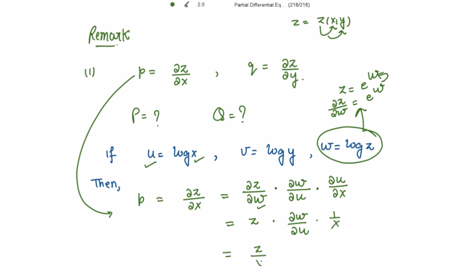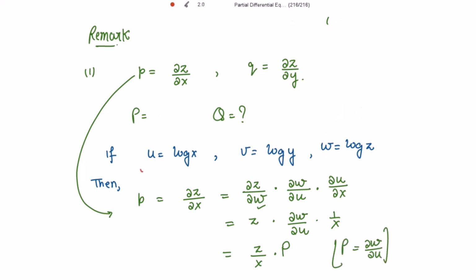So let me take z by x together and this to be taken as capital P. So I am taking the partial derivative of w with respect to u to be the capital P. So when we consider u, v and w as log x, log y, log z respectively, from small p we are introducing this capital P to be the partial derivative of w with respect to u. Similarly, the capital Q will become the partial derivative of w with respect to v, right?